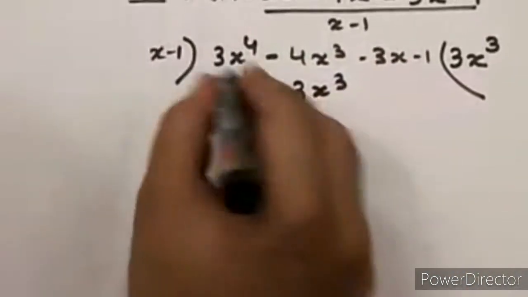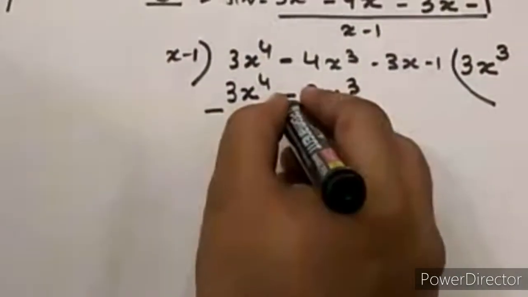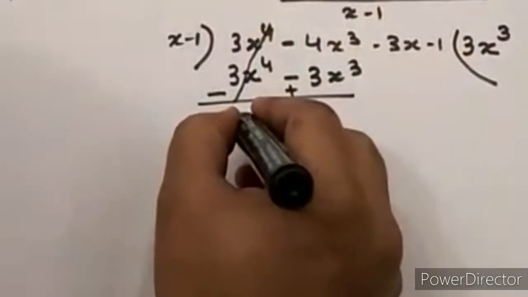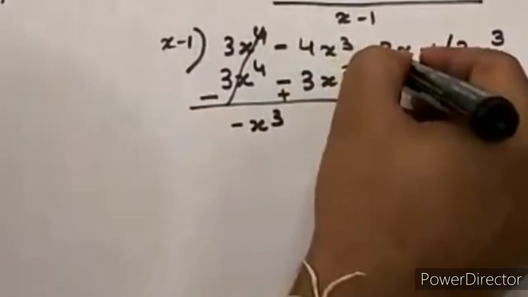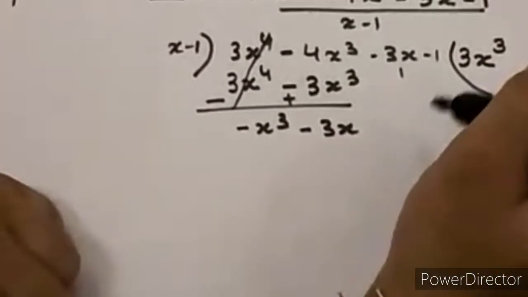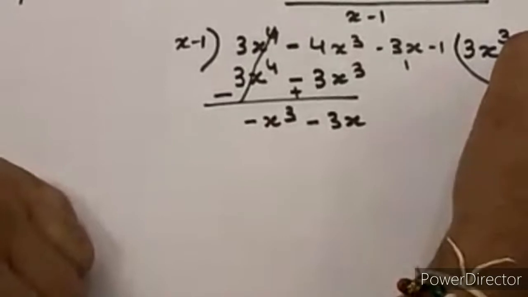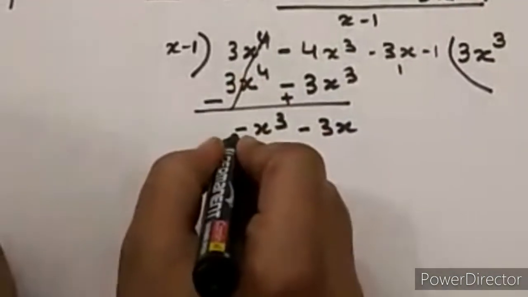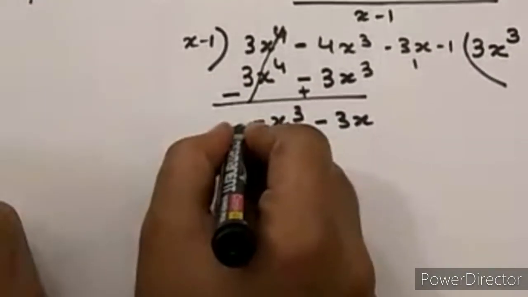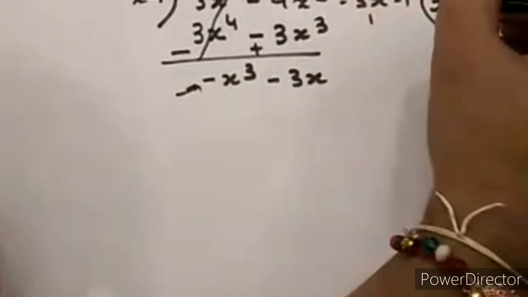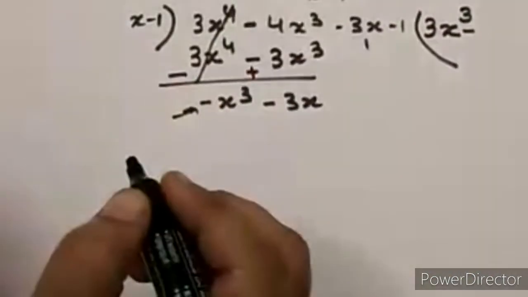Just like in remainders in numbers, it gets subtracted. What do I get here? Minus x cube, then minus 3x. Now we have a question whether we will have a plus sign or a minus sign here. So guys, simply use the sign which is given here. Here the sign is minus, so your sign here will be minus.